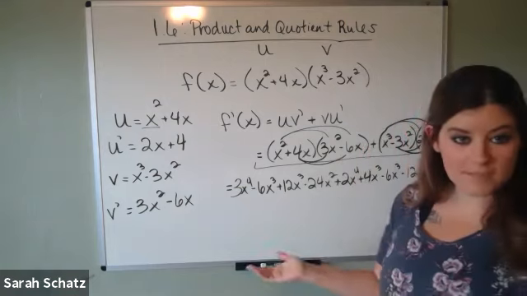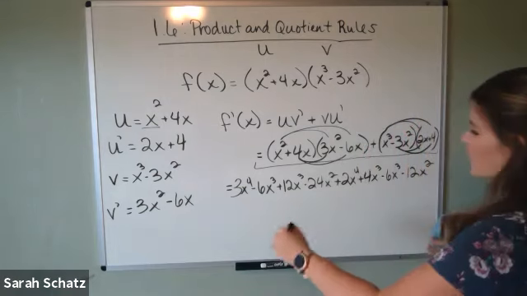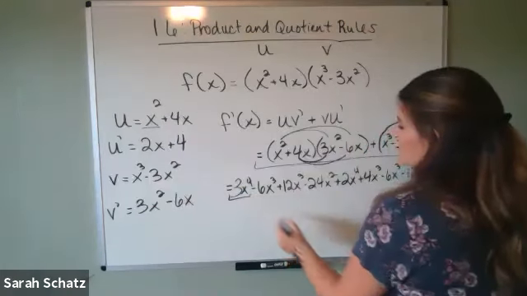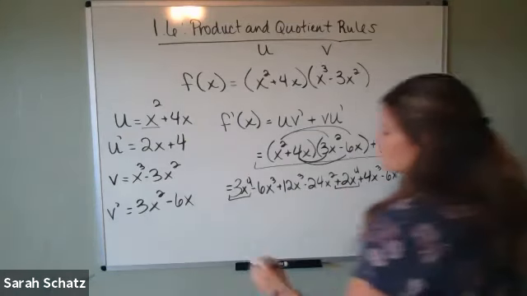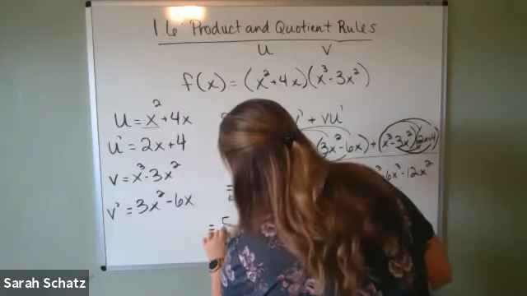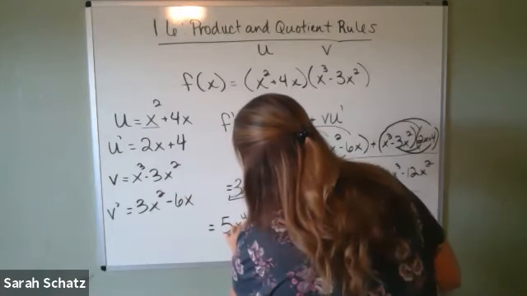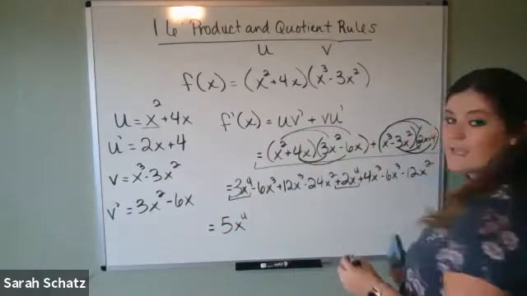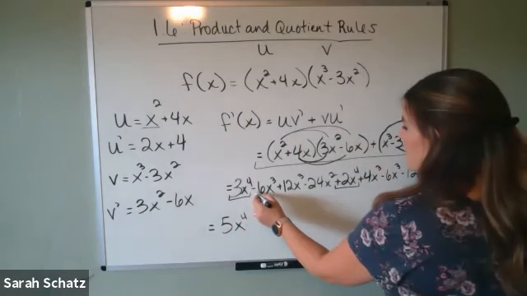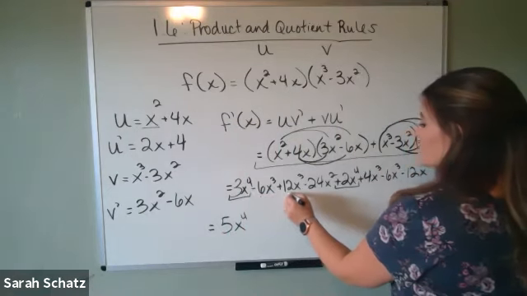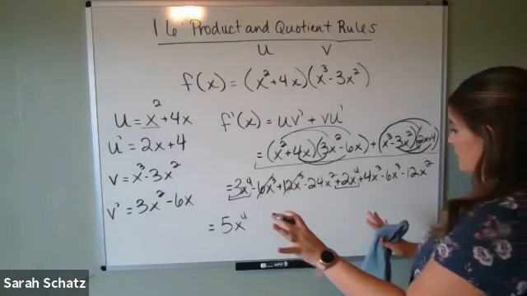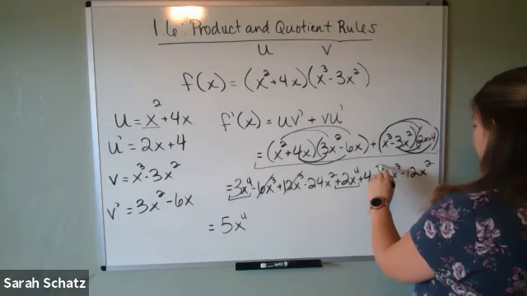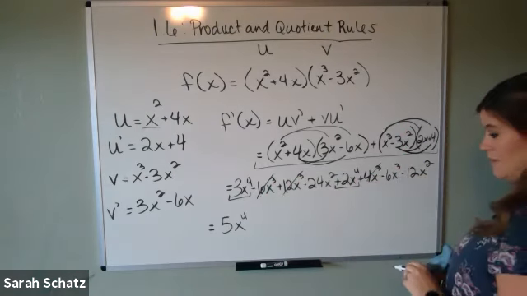Okay, let's combine like terms. I have 3x to the 4th, and I have plus 2x to the 4th. So I'm going to get 5x to the 4th. Let's count our x cubes. So we have minus 6 plus 12, we're at 6. Plus 4, that makes 10.